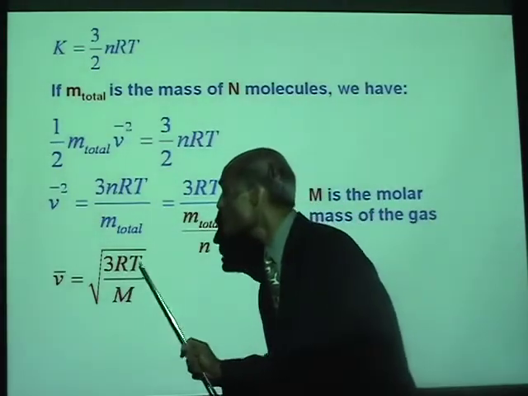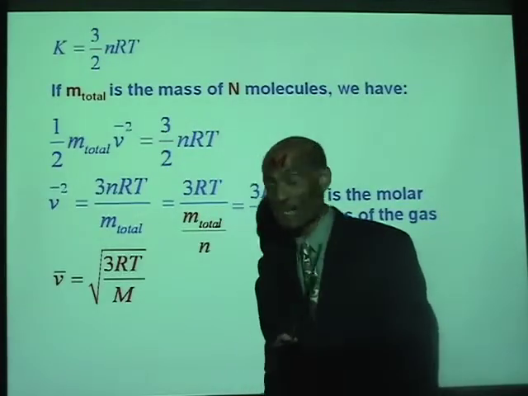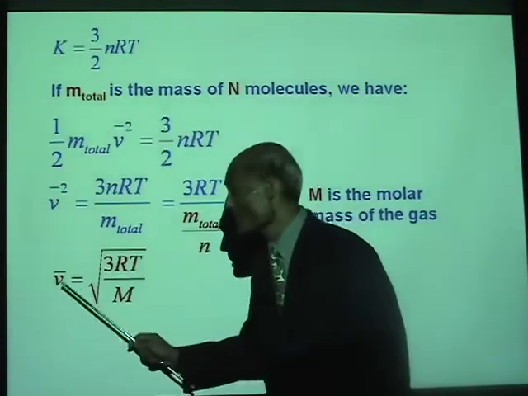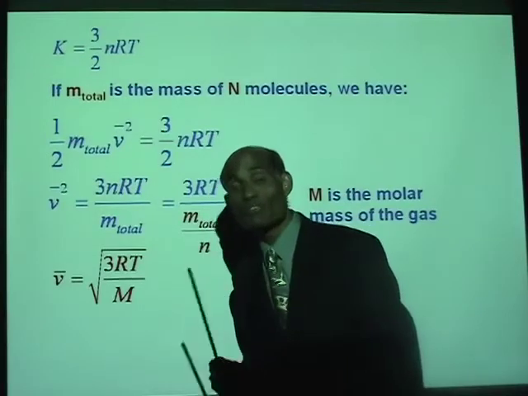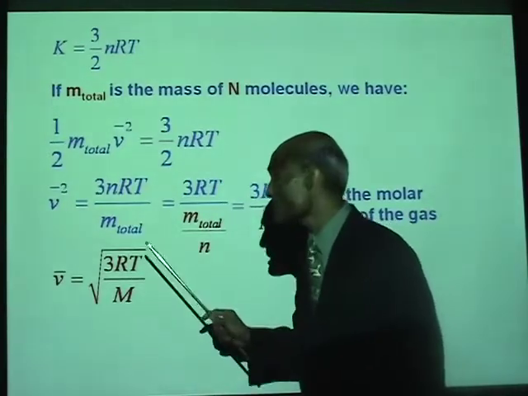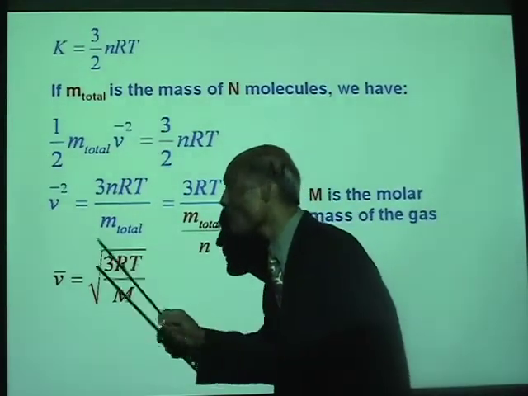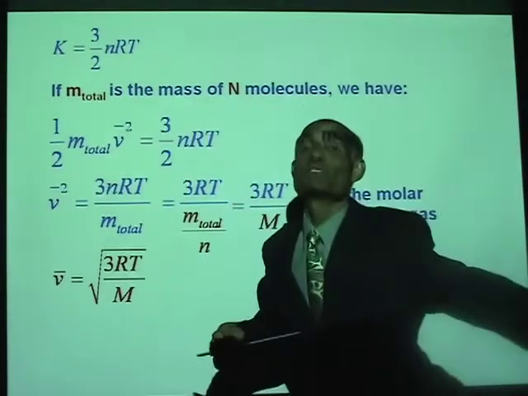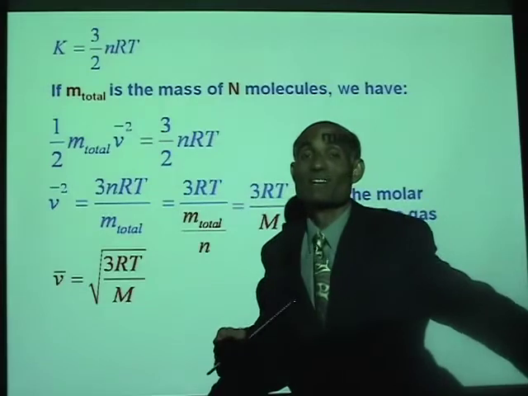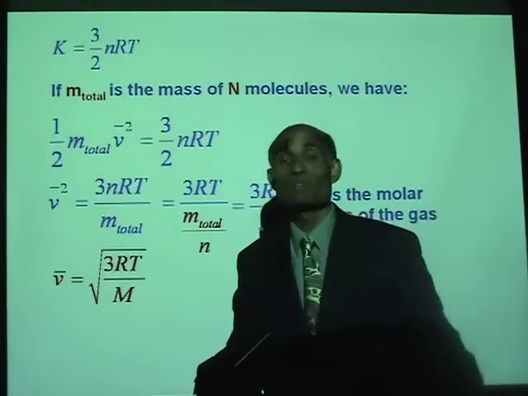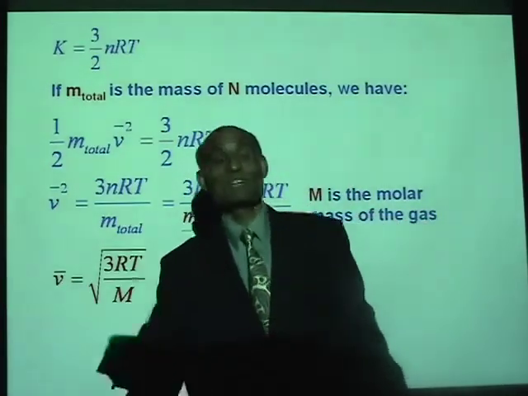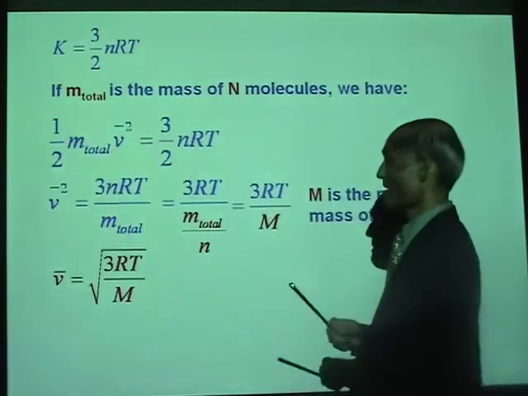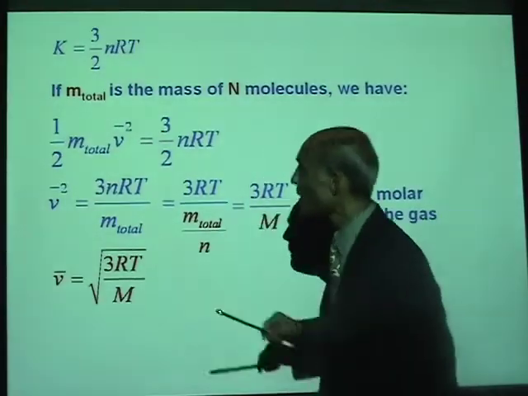And if you notice, M is a constant for a given gas, R is a constant. Therefore, the average velocity of the molecules of a gas depends only on the temperature. Isn't that what we started with? The definition of temperature: temperature is directly proportional to the average kinetic energy of a molecule. Alright, keep that equation with you.